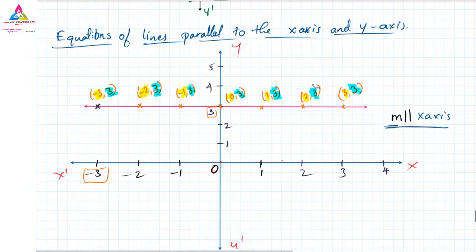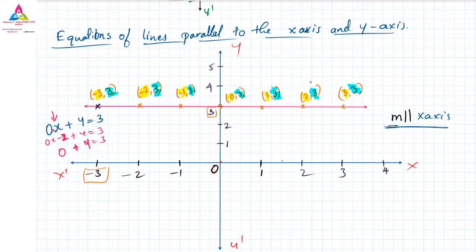The coefficient of x is 0, that is 0x, because if you substitute any value of x, say -3, 0 into -3 is 0, plus y equals 3, so the y value remains 3. Again, substitute x as -2: 0 into -2 is 0 itself, 0 plus y equals 3.